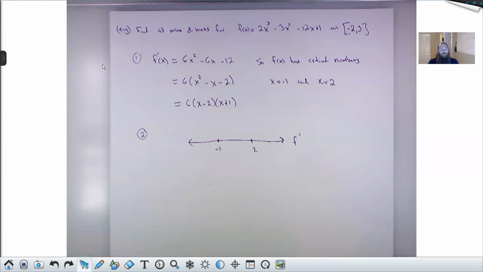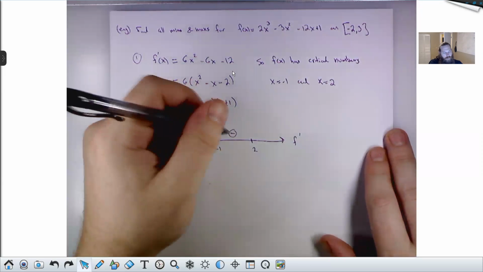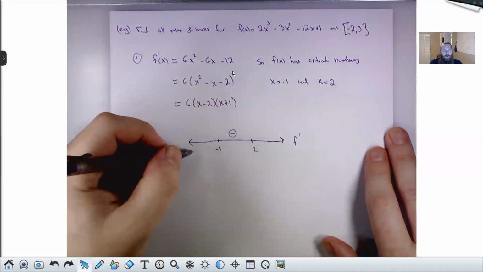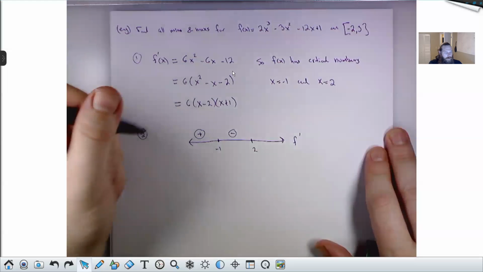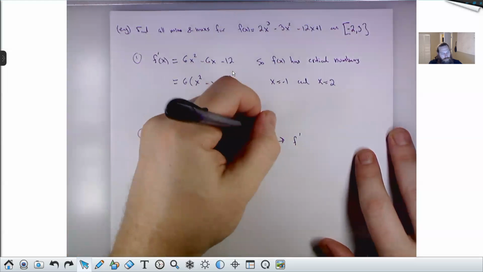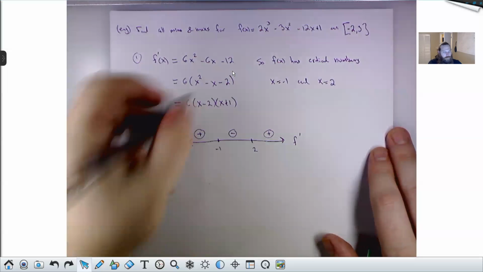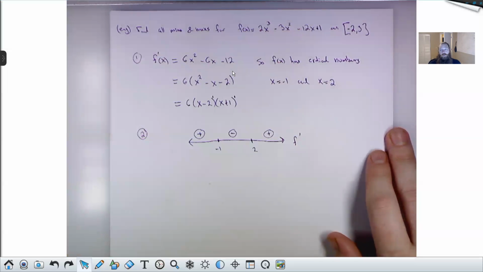If I plug in 0 for x in f prime, I discover that f prime of 0 is -12, which is certainly negative. If I test something to the left of -1, like -3, I'll find that f prime over there is positive. And if I were to test something to the right of 2, like +3, I'll find f prime there is positive as well. And you may remember there are some tricks having to do with multiplicities that will allow you to do that bit faster.